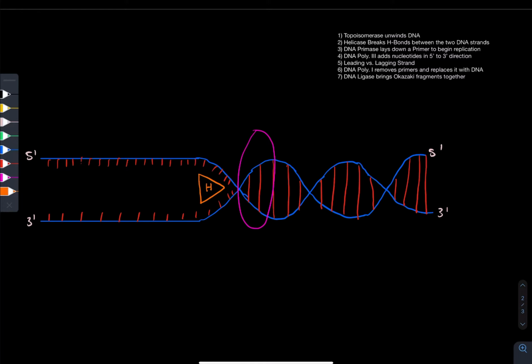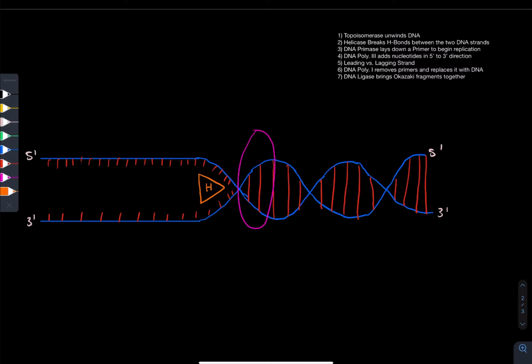And you can think of helicase as a helicopter blade, because helicopter blades are sharp so they can cut. So you can think of helicase coming and just cutting down all these hydrogen bonds in the way in order to have the DNA strand prepared for replication to begin.